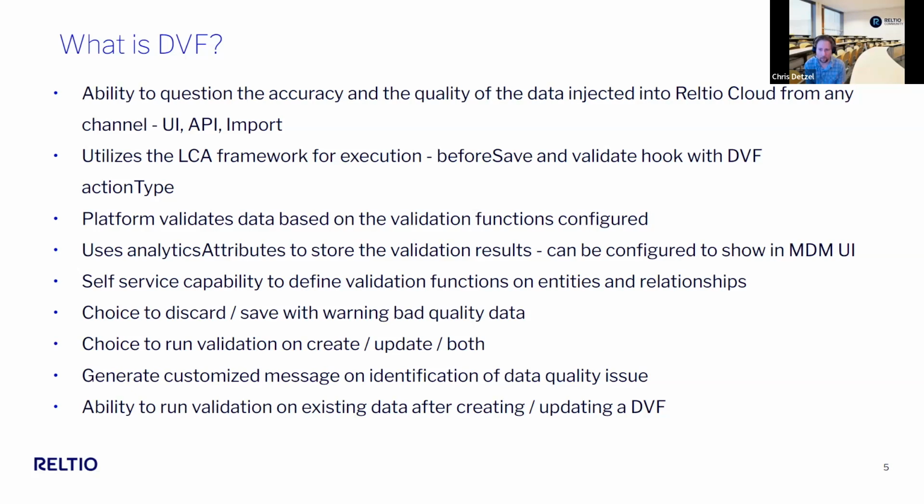Got it. And then one last question, I promise. Can a DVF function be used to validate a new value based on the current value of an attribute? What happens is that DVF only runs on the operational value.